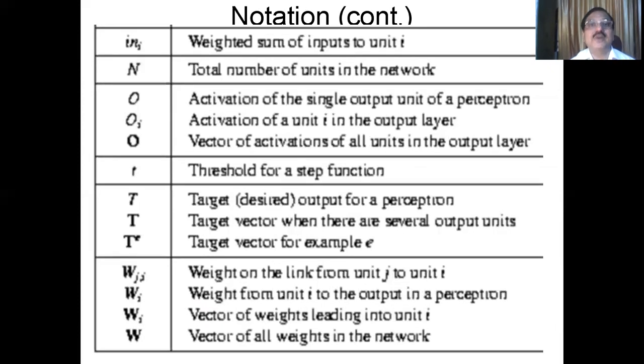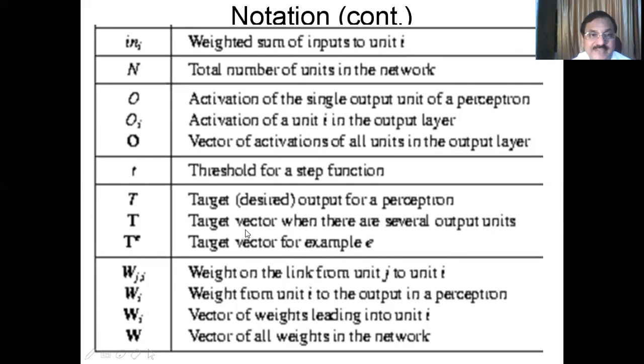Then in is the weighted sum of the inputs to unit i, and N is the total number of units in the network. O is the activation of the single output unit of the perceptron, O_i is the activation of a unit i in the output layer, and capital O is the vector of activation of all units in the output layer. t is the threshold for the step function. T is the target, the desired output for a perceptron.